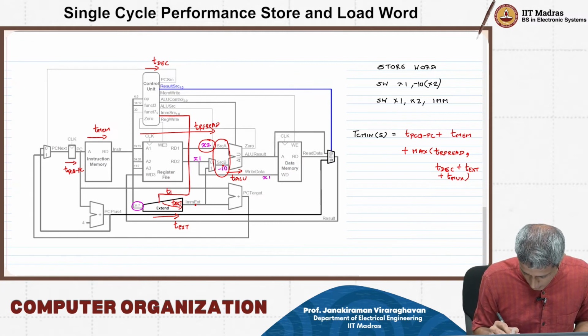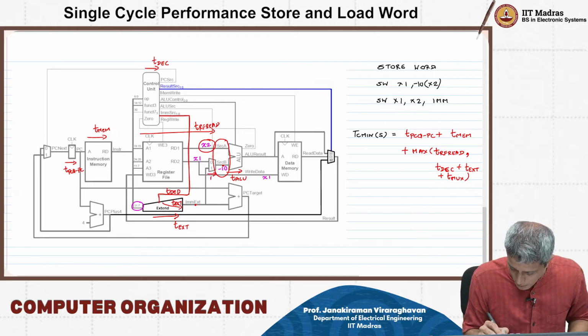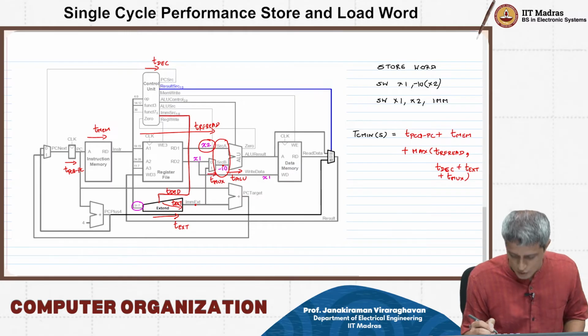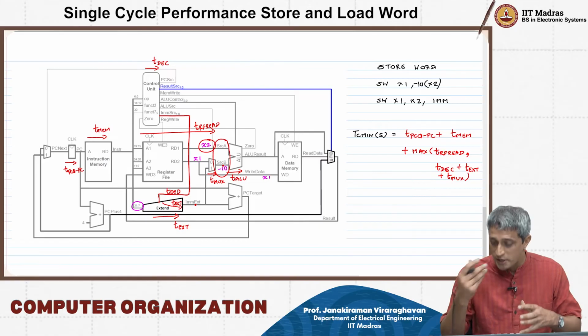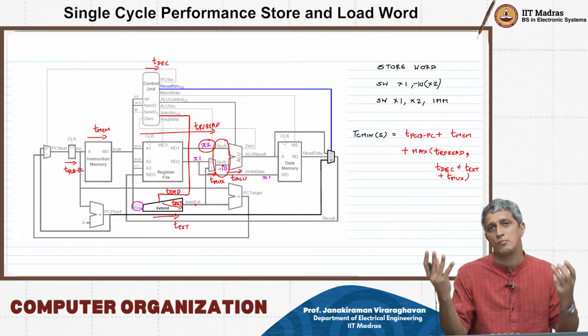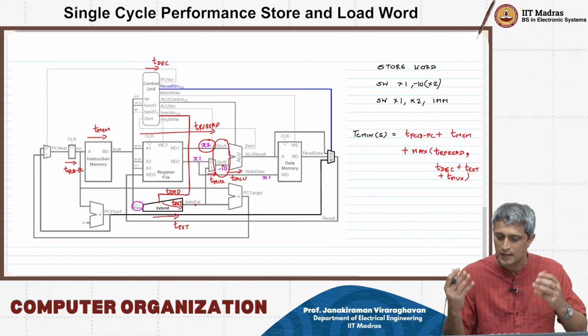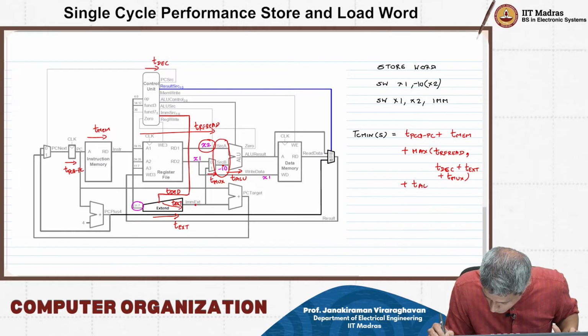So this is T decode, and then there is a T mux here, and therefore source B will be ready only at T decode plus T extension plus T mux, and therefore you have to look at the maximum of T RF read and this, and that's when that data will be ready. Then the T ALU.